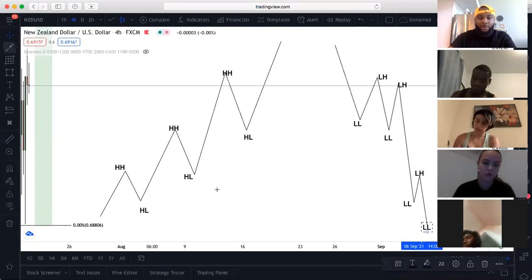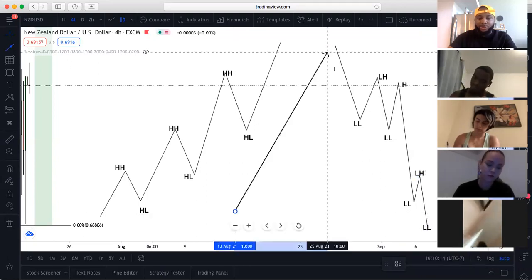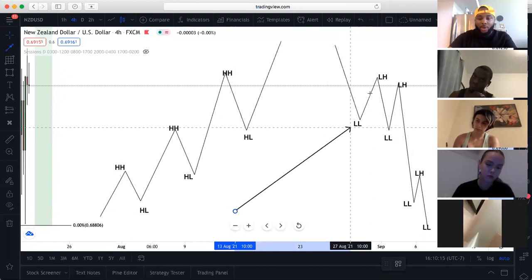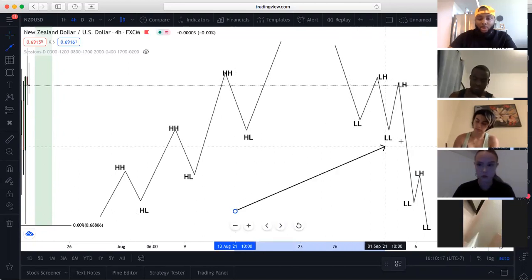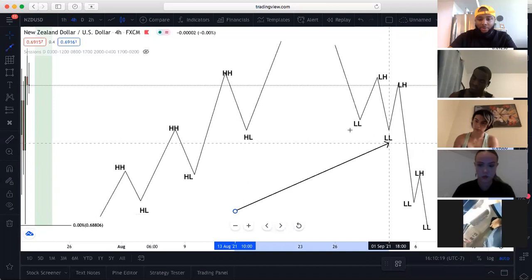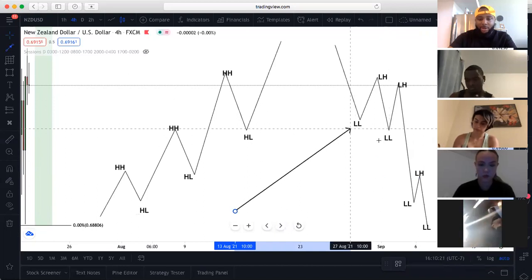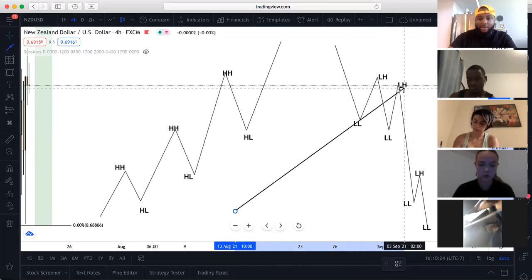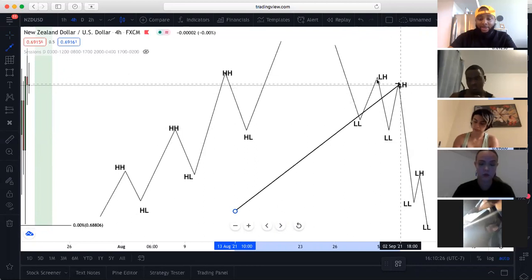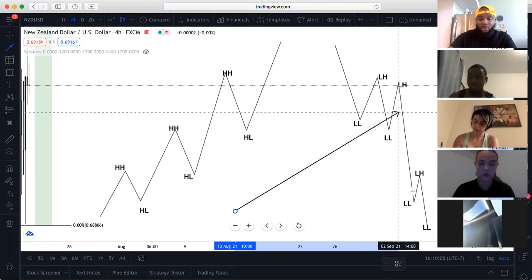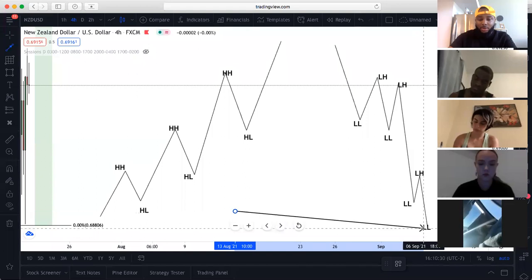So going back to it, the market's pushing down: lower low, lower high. Why do we call it lower low? Because this low is lower than the previous low. Why is it called lower high? Because this high is lower than that high. Boom, lower low, lower high, lower low.